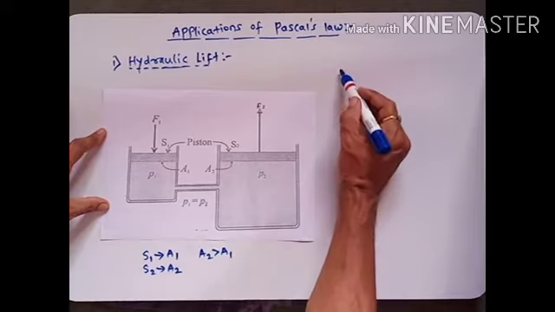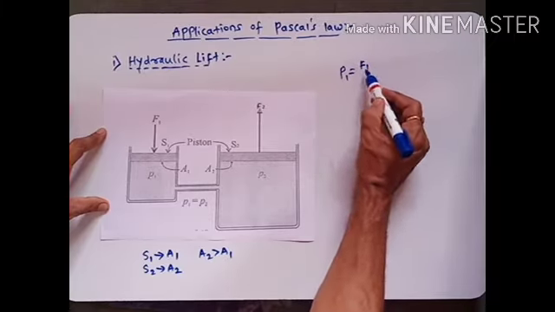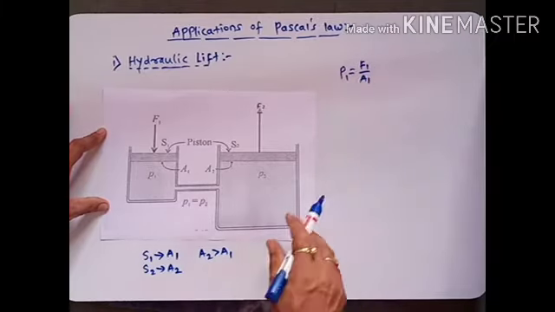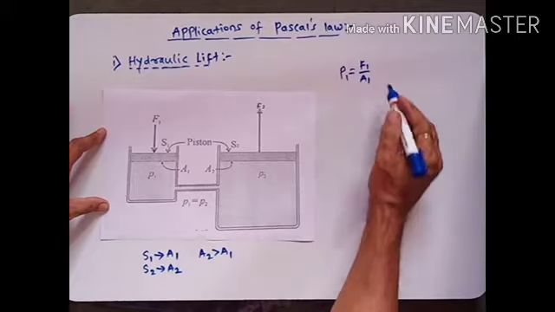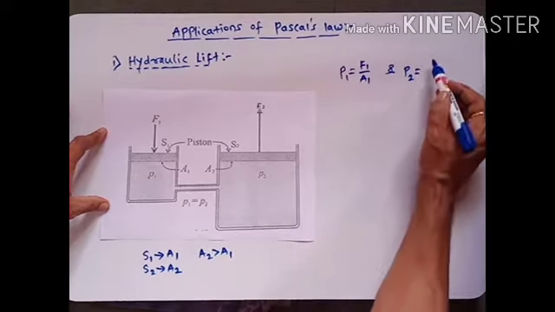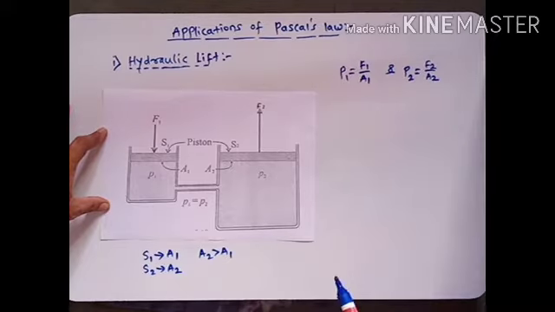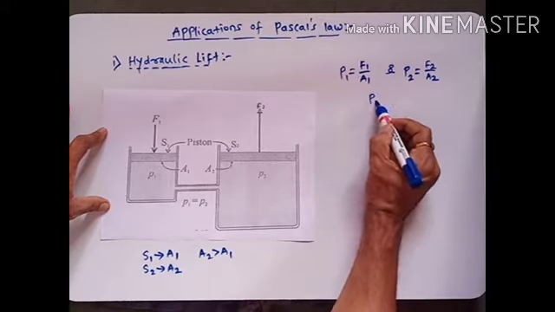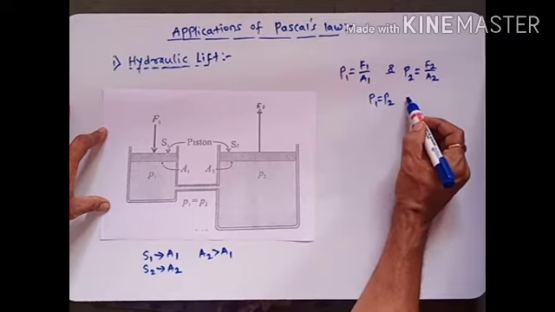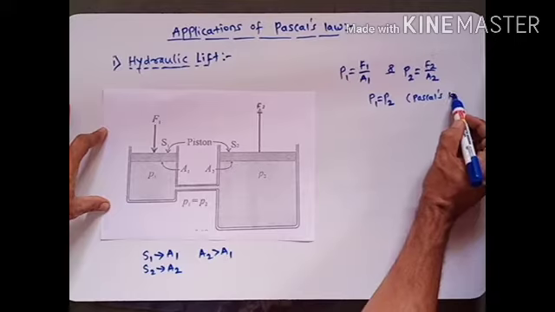Then we can write P1 is equal to F1 upon A1, and P2 is equal to F2 upon A2. Now according to Pascal's law, both pressures are equal. I will write P1 equal to P2. You give the reason, Pascal's law.